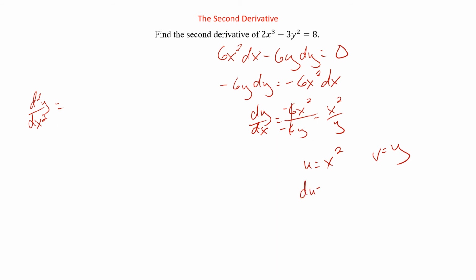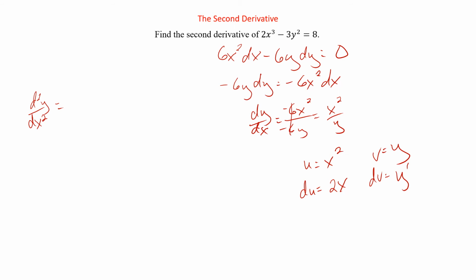So du equals 2x, dv equals the derivative of y. I'm going to make that y prime. So for the second derivative, I've switched to just working with the y's, so you get the y prime. Everything's on one side of the equation already because we have the derivative equals.